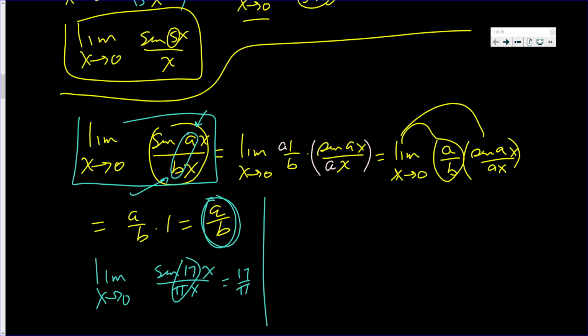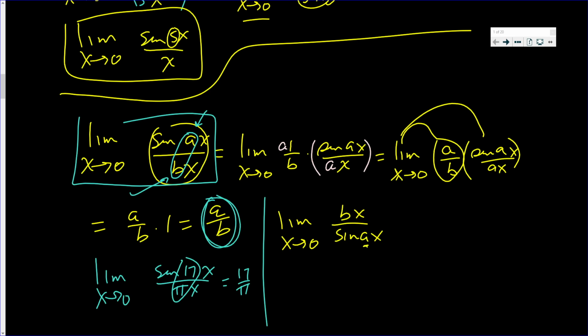So, just one more of these. Suppose you were given the limit as x goes to 0 of bx over sine of ax. Well, we know if the b and the a weren't there, we would just get 1. Well, we can move the b, but we can't get rid of the a.